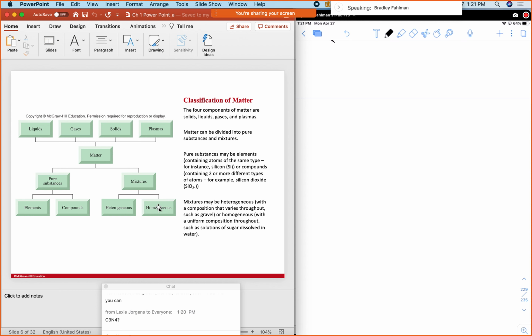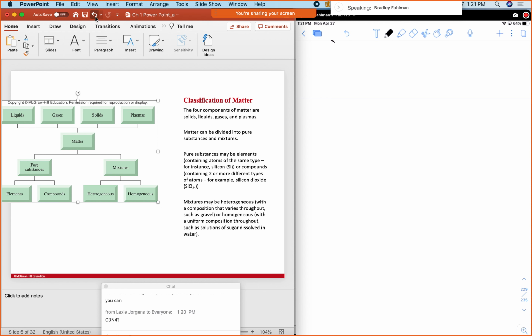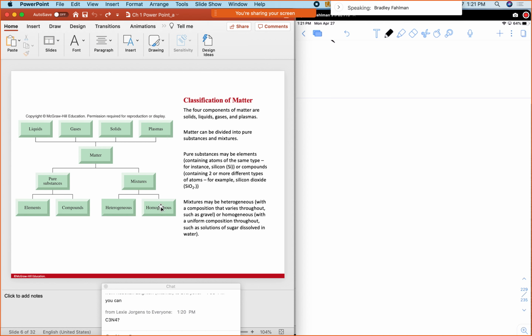Okay, so homogeneous, like a solution, is an example of a homogeneous mixture. Like if you have sugar and water, for instance, that's homogeneous. Heterogeneous would be like soil in your backyard, just a mixture that's not evenly distributed.